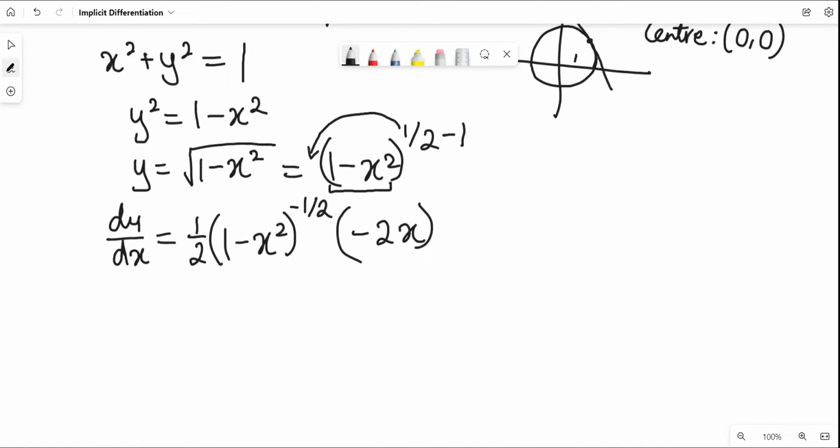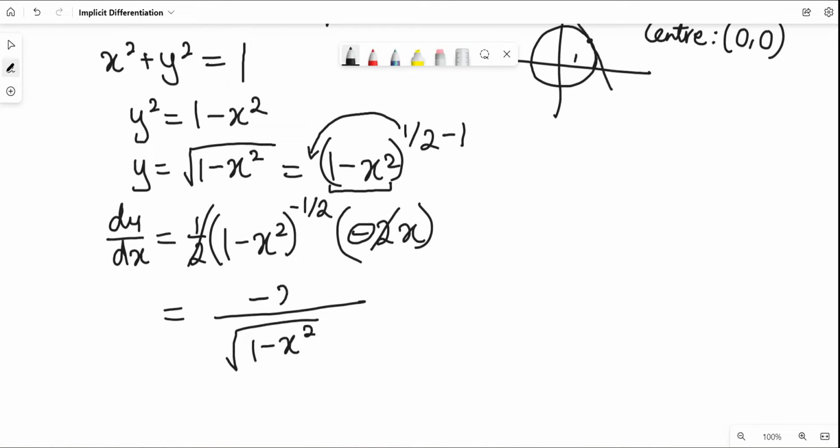And so what we get here is, the 2 and the half cancel, but we still have a negative. And remember this is a negative half power, so we can rewrite it as over square root of 1 minus x squared. And on the top we just have negative x.